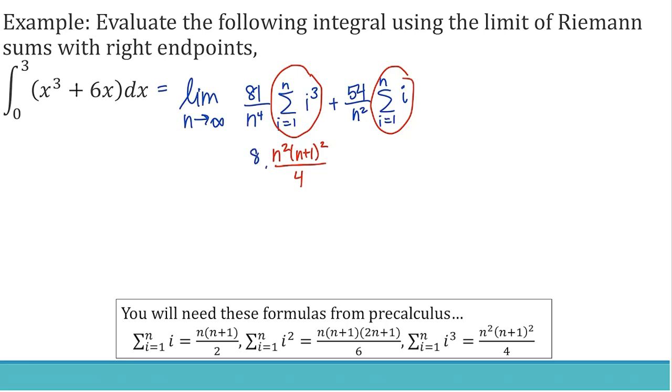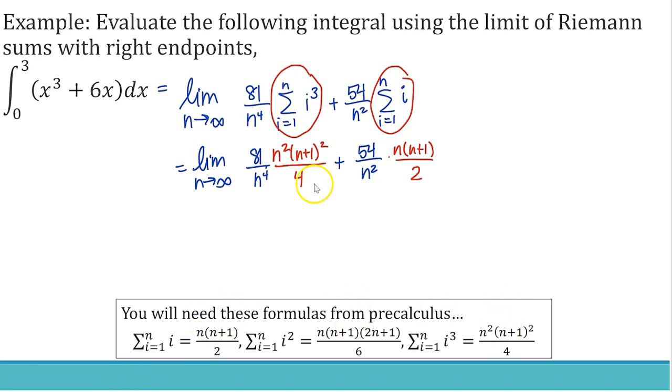But I'm going to leave the 81 over n to the 4th. And we still haven't evaluated the limit, so that's got to stay. And then plus 54 over n squared stays. And the sum of i equals 1 to n of i has a nice formula. It's n times quantity n plus 1 over 2.